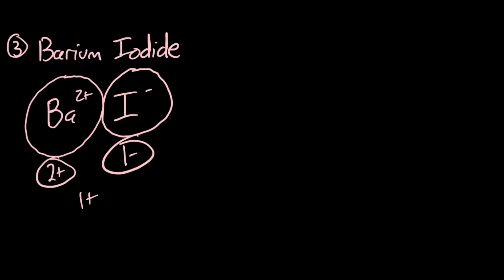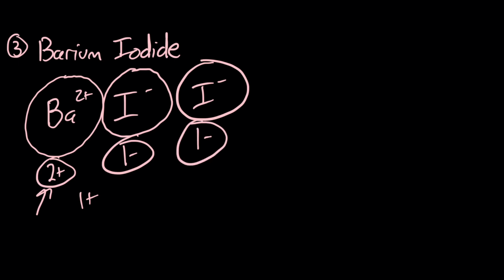So in order to neutralize this 2 plus charge here, we must have one more iodide ion, because if we have one more, we now have a 2 minus charge to balance the 2 plus charge coming from barium. And then, I'll just erase this here really quick.